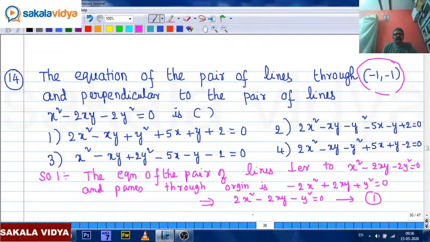In this equation, you need to substitute this minus 1 comma 1. So that means now put x for x plus 1, y for y plus 1. So we need to substitute now.